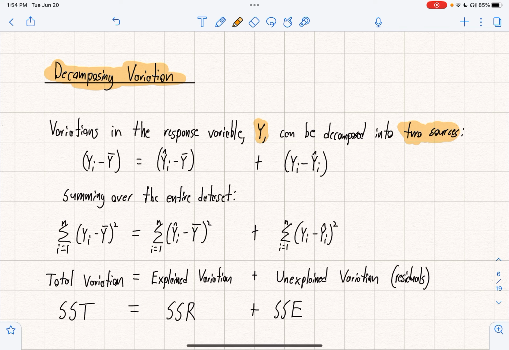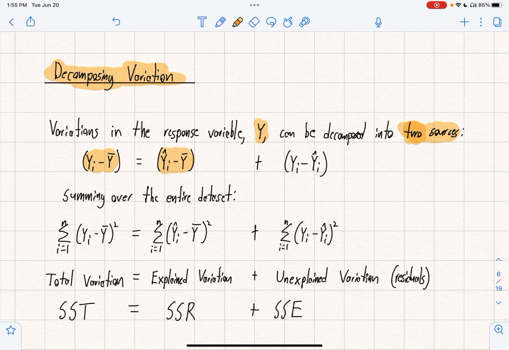If you recall, when we calculate variance, we're calculating the distance between any given value and its average. So the total variation in y is just the difference between that value and the mean value for y. And we can break it up into these two sources. The first is the difference between our predicted value and the overall average, so the predicted value of y minus the overall average of y.